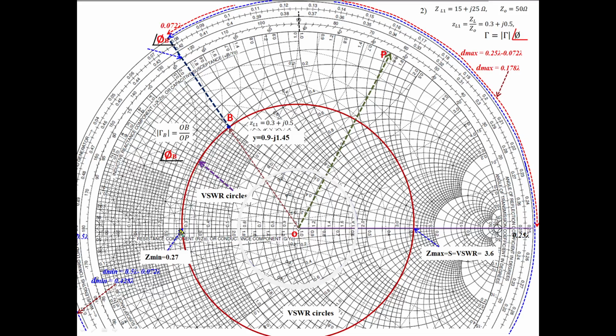This circle is 0.26. So it is in between 0.28 and 0.26, so that value is 0.27. This resistance value you have to read approximately, no need to worry about exactness. So like that, this is the minimum impedance, you can read the minimum impedance on the Smith chart.